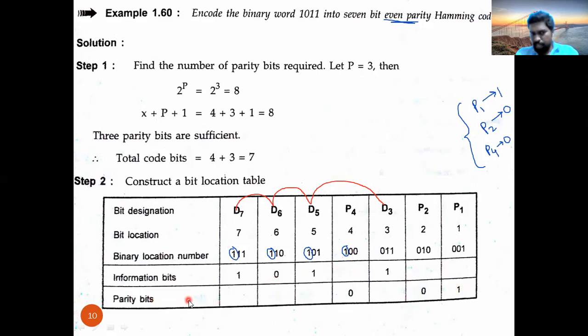Separately, we have a row of parity bits. In this, you should write 1, 0, 0. And combining all these, 1, 0, 1, 0, 1, 0, 1 is the final answer. This final answer consists of data bits as well as parity bits, because we are combining all these bits. Therefore, you will get 7 bits.